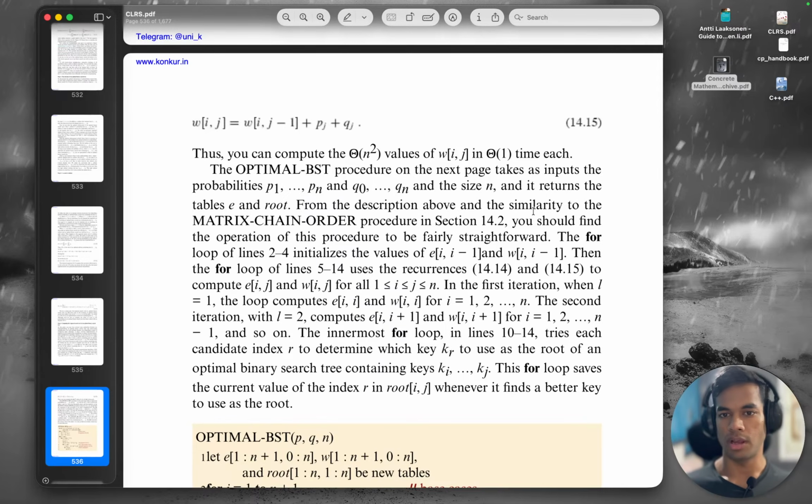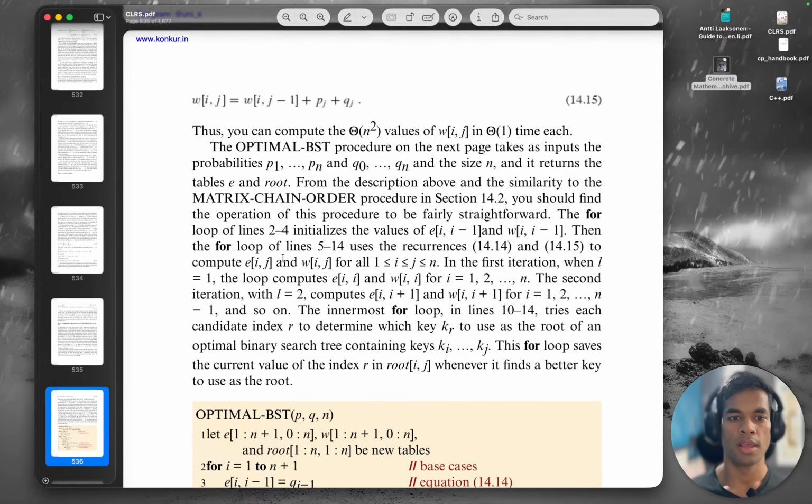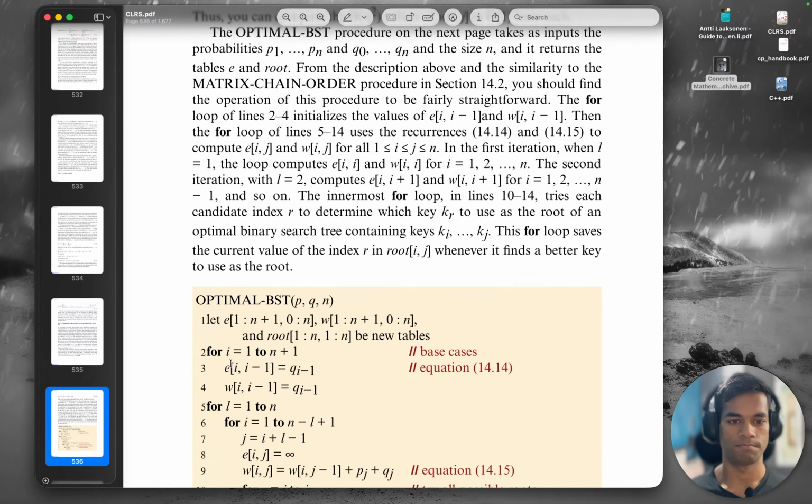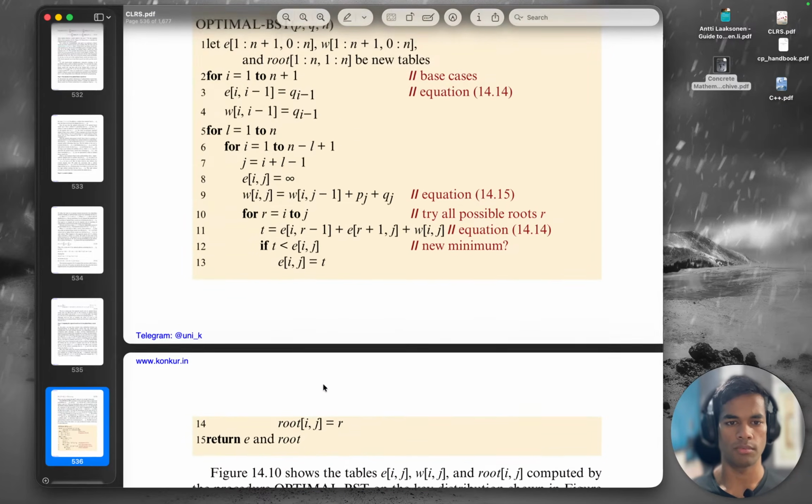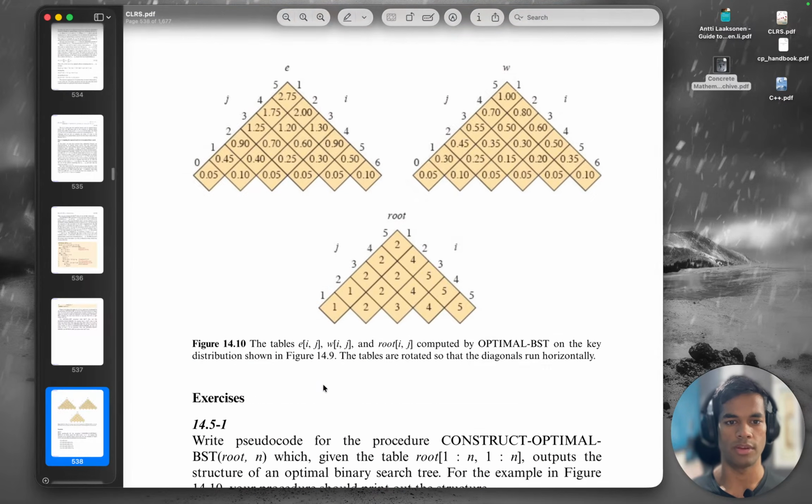From the description above and the similarity to the matrix chain order procedure in section 14.2, you should find the operation of this procedure to be fairly straightforward. The for loop of lines 2 to 4 is initializing e and w. Let's go through the code.